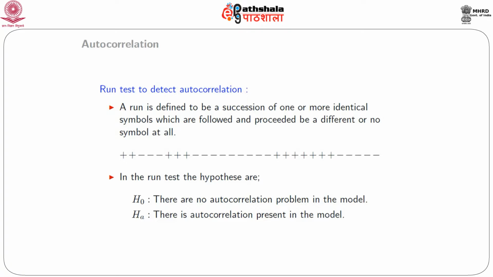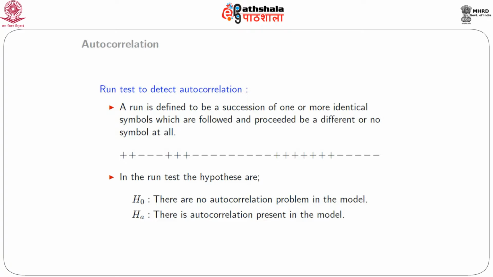So in the run test to test for autocorrelation, the hypotheses that we wish to test are H naught, the null hypothesis, which says there is no autocorrelation problem in the model, and HA, the alternative hypothesis, which says that there is autocorrelation present in the model.